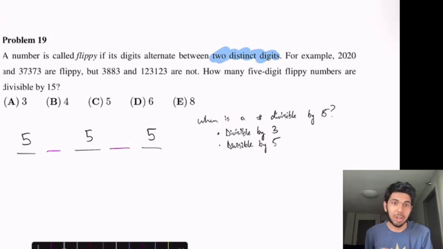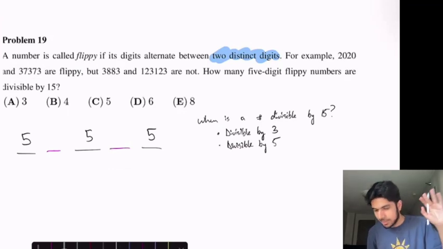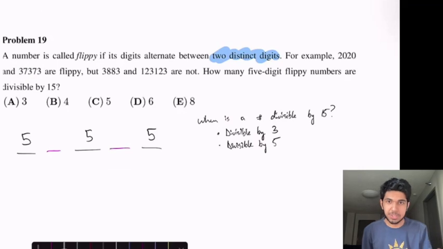For 9, you have to add all the digits and see if the sum is a multiple of 9. So at least know your rules for 1, 2, 3, 4, 5, 6, I guess 8 and 9. 8's not that bad. I skipped 7 because 7 is very annoying and it's just not worth it. But if you want to learn it, go ahead. Anyways, all that is to say, know your divisibility rules.